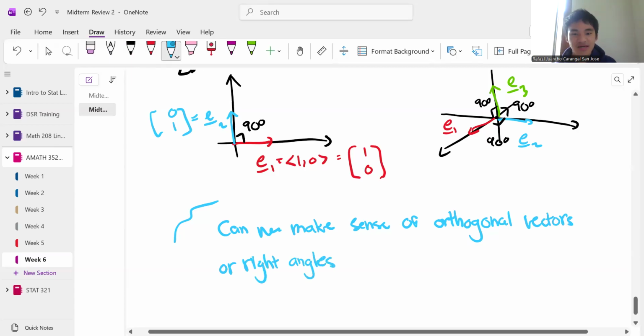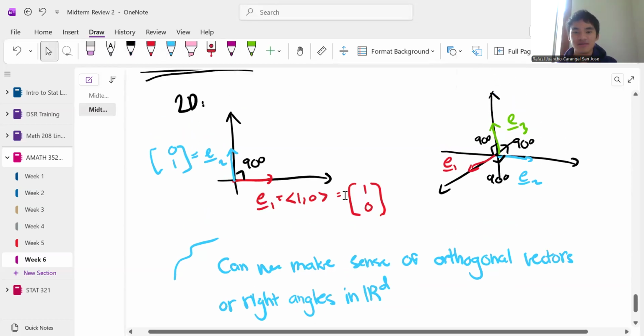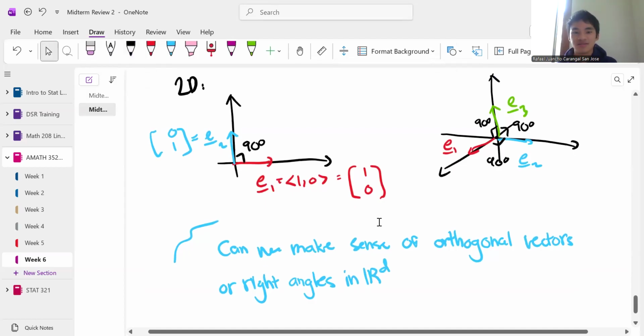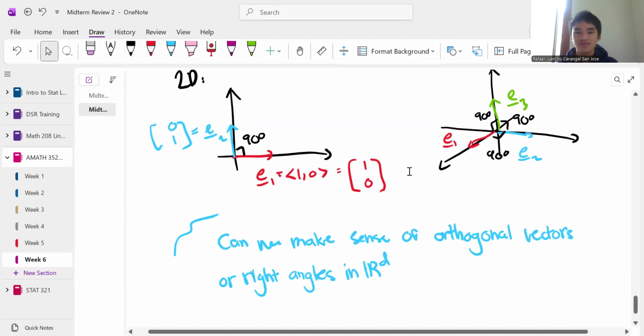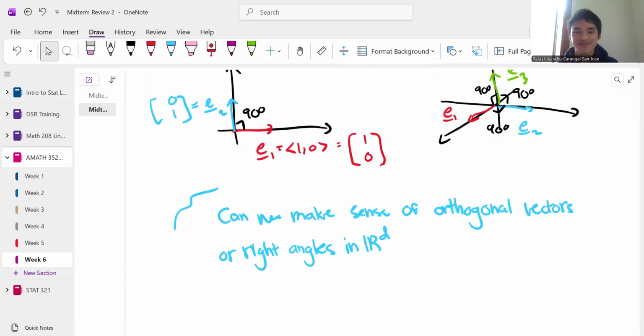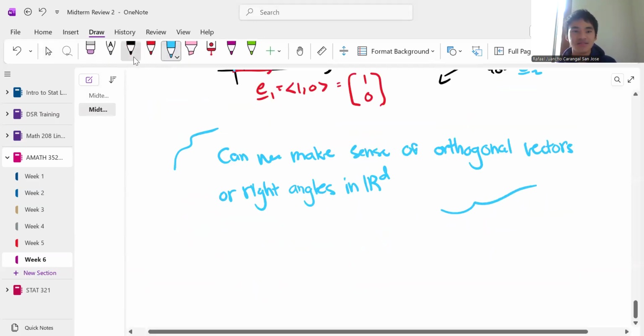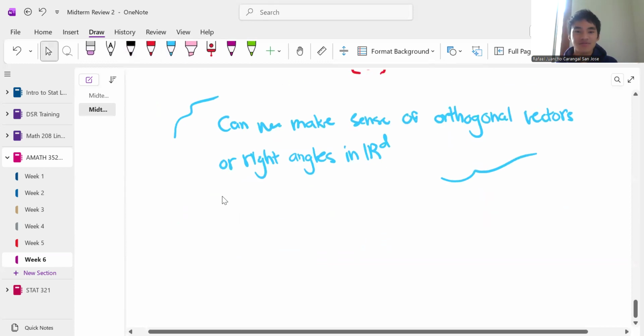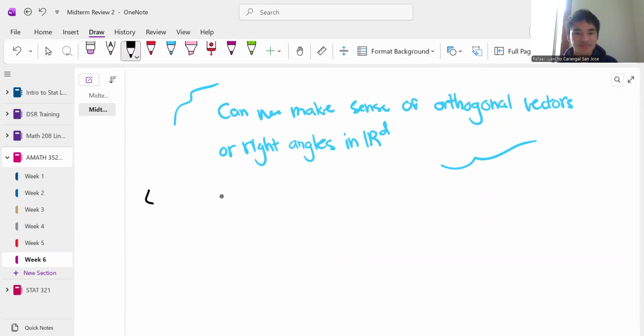So can we make sense of these angles in R^d? Is there some sort of relationship that we can find between these angles in R^d? Is there a way? Well, actually, there is. I think we've discussed this in our calculus series, but I'm also going to refresh my memory. I forgot, but I know there was a way to do it.